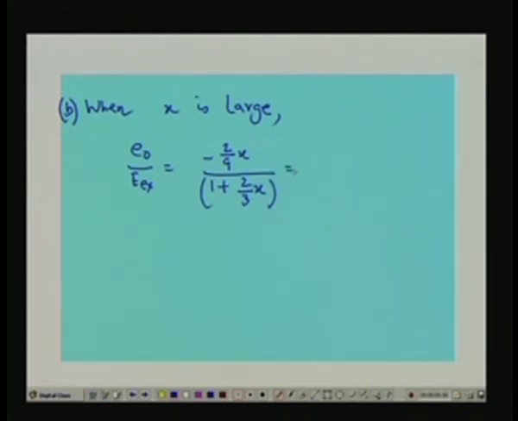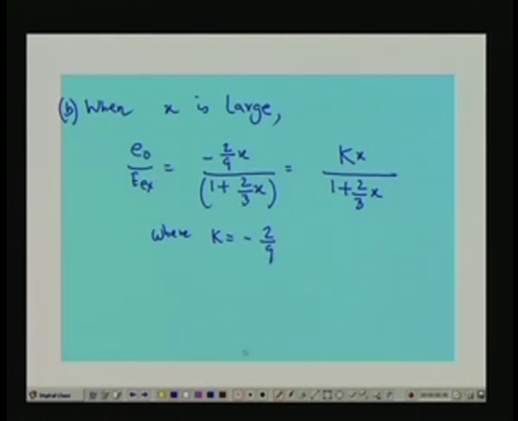So, this will be equal to k x upon (1 plus 2 by 3 x), where k is equal to minus 2 by 9.